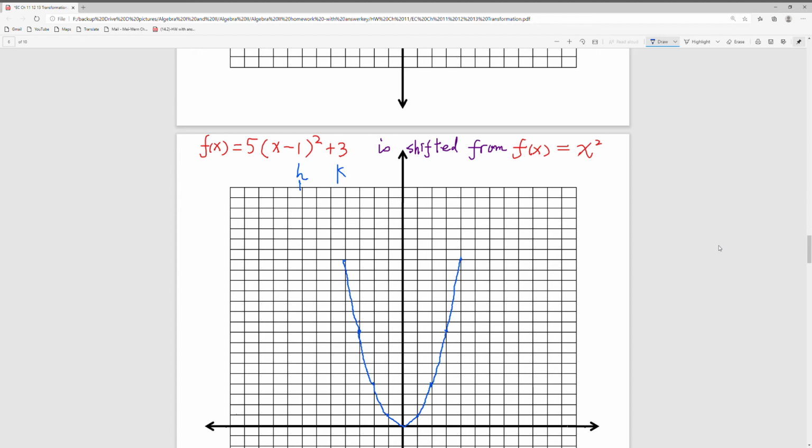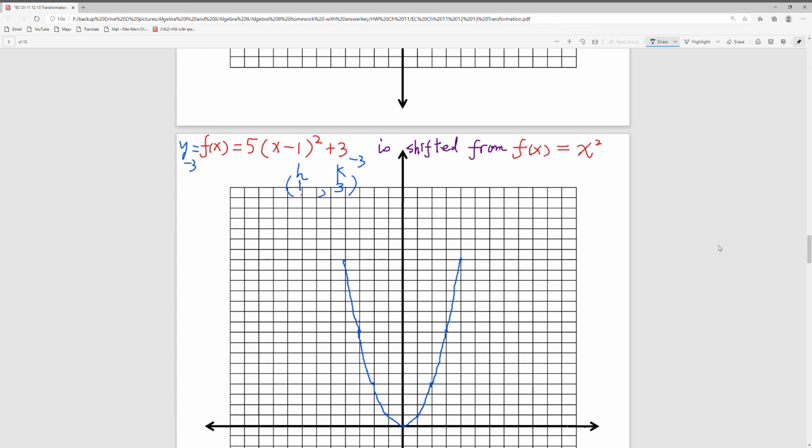And for the number y minus, if you minus 3 on both sides, then you have y minus 3, so the number y minus is k. Therefore, when you have plus k in the function, don't change the sign. But for the number x minus 1, you need to change minus 1 to positive 1.